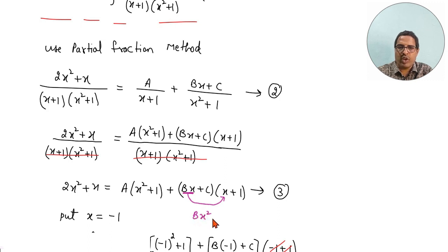That is one option you have. Again, if I multiply this bx with 1, we will get bx, so you can even equate the coefficient of x. Any one you can do. Let us equate the coefficient of x square terms.